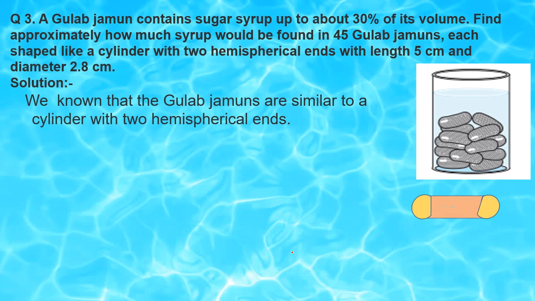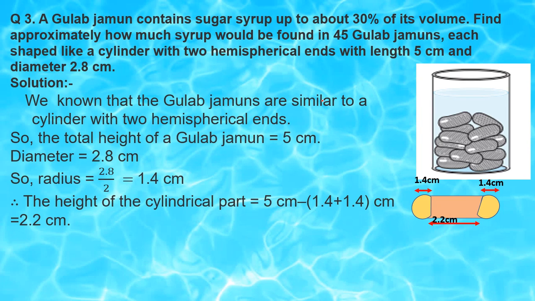That means we can say the radius is 2.8 upon 2, that is 1.4. So 2.2 centimeter is the height of the cylinder, whereas 1.4 centimeter is the height of each hemisphere attached to the two ends of the cylinder. So we know that the total height of the gulab jamun is 5 centimeter and the radius is 2.8 upon 2, that is 1.4 centimeter.